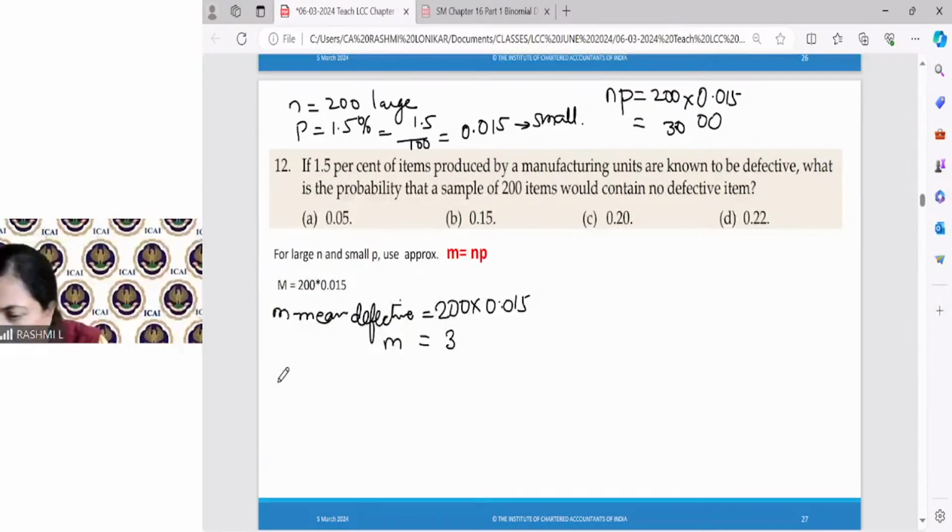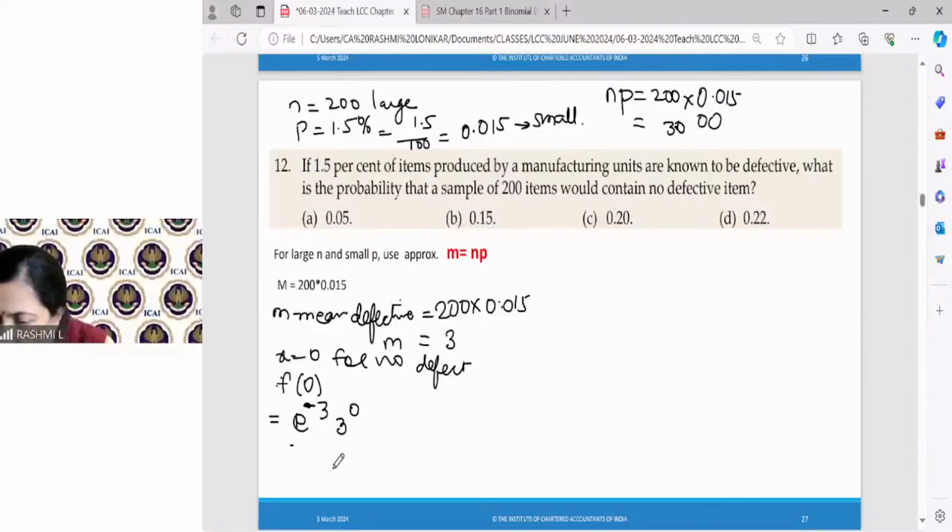Now, what is the probability that there will be no defect? So X is 0 for no defect. This is equal to e raised to minus m, m is 3, raised to 0, and 0 factorial.